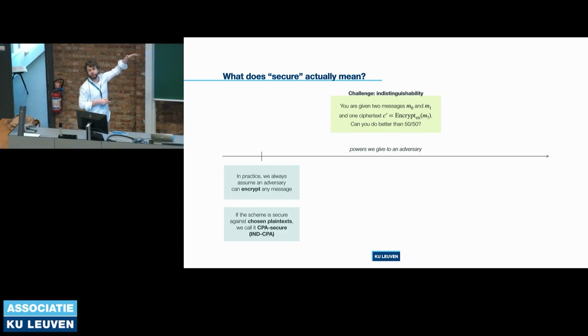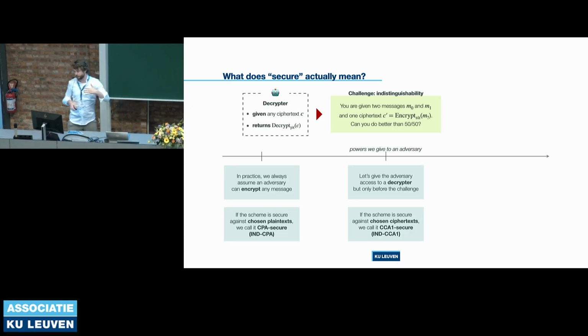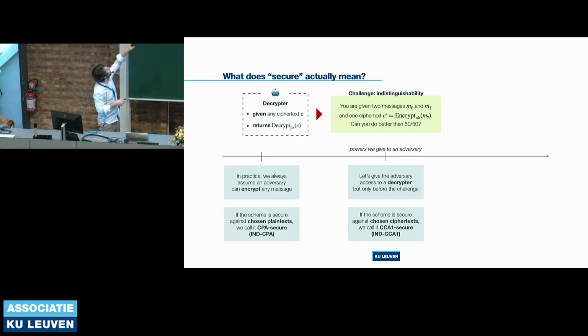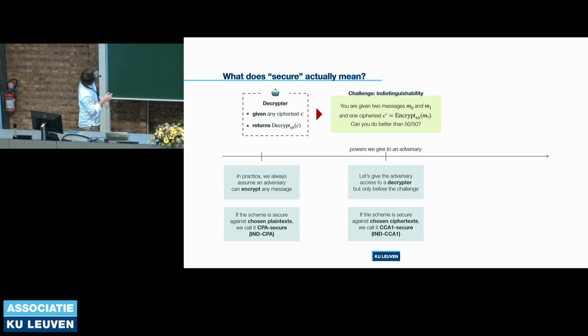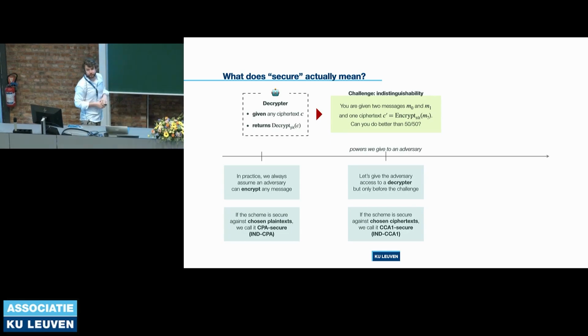We actually want to assume much stronger attackers as well, because we want our cryptography to be as secure as possible. So in a different model, we're also going to give an adversary access to what we call a decryptor. Here, we can actually give it any ciphertext, and it will decrypt that for us under the secret key. Here I actually mixed them up again, so this should be the secret key again.